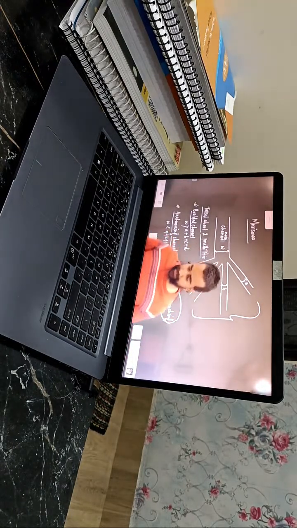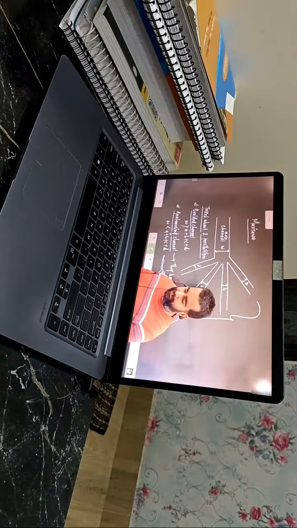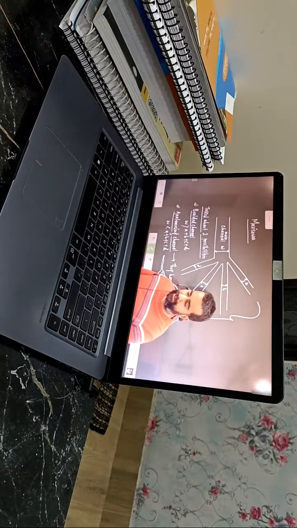So such channels, offshoots of the streams which rejoin the main channel or its tributary channel.